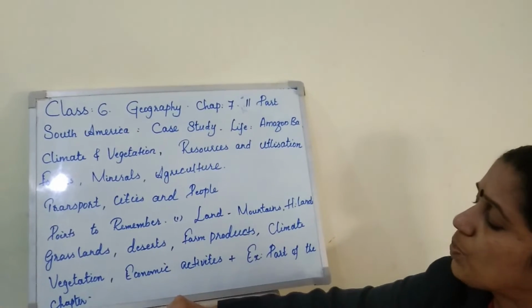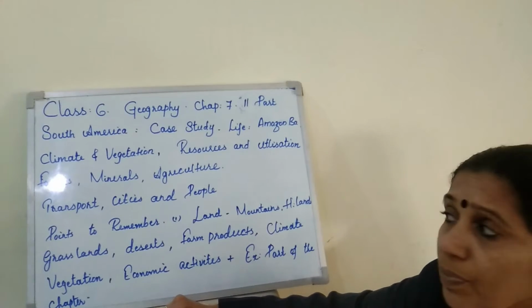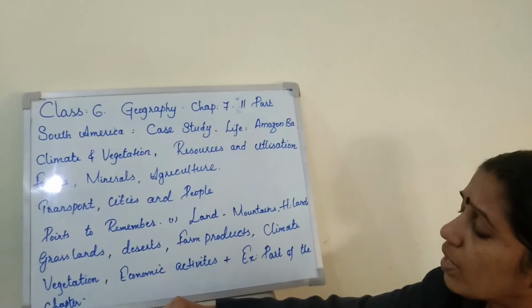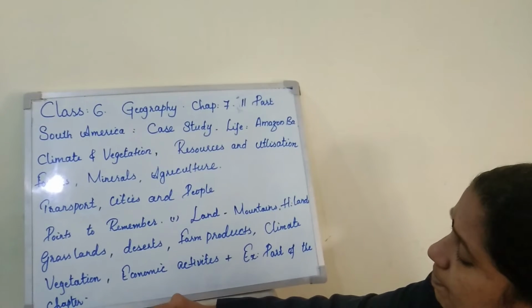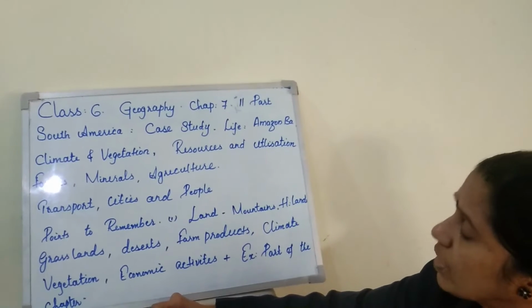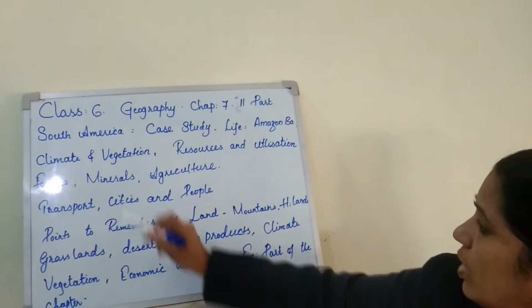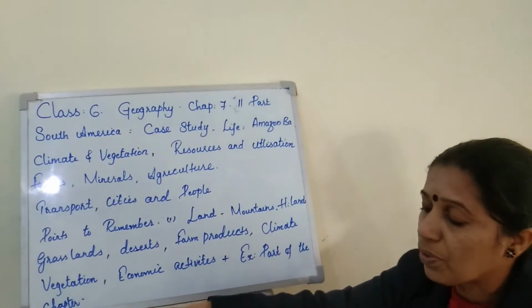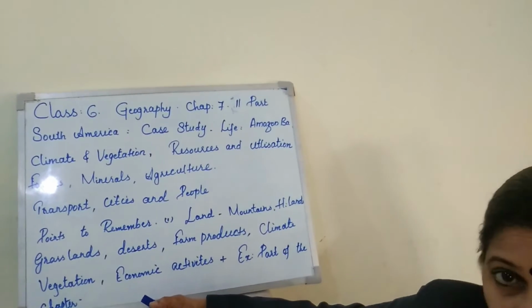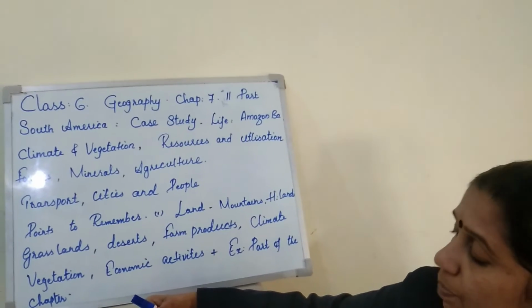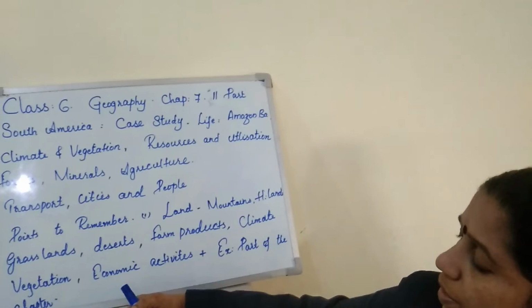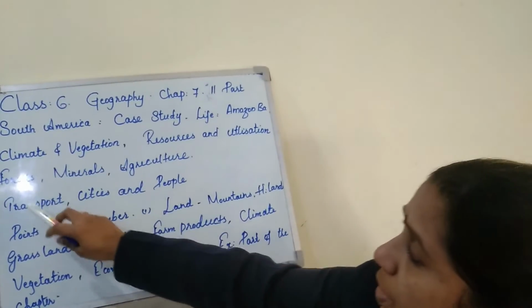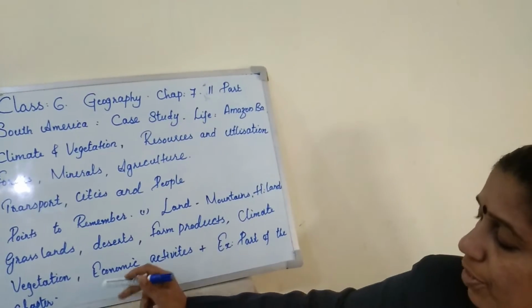So many special trees, because they are providing excellent timber. Then the bark of the cinchona tree is also there, and we know that the bark of the cinchona tree gives quinine, and quinine is a medicine used for the treatment of malaria. So these are the products we are getting from the forest.